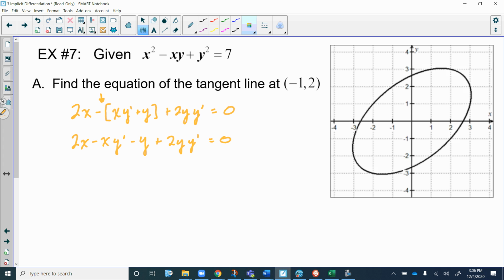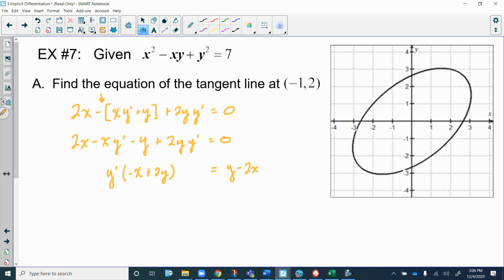Now once I have that, I want to get the y prime terms by themselves. So I'm going to factor y prime out of the two terms, and that'll give me a negative x plus a 2y. Simultaneously, I'm going to take the non-y prime terms and move them to the right side of the equal sign. So I'm going to write it as y minus 2x, just so I can have my leading value be positive.